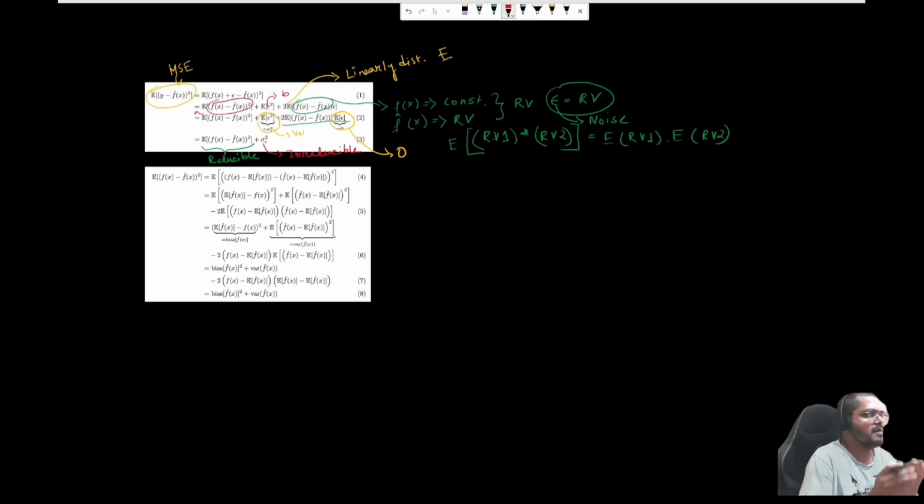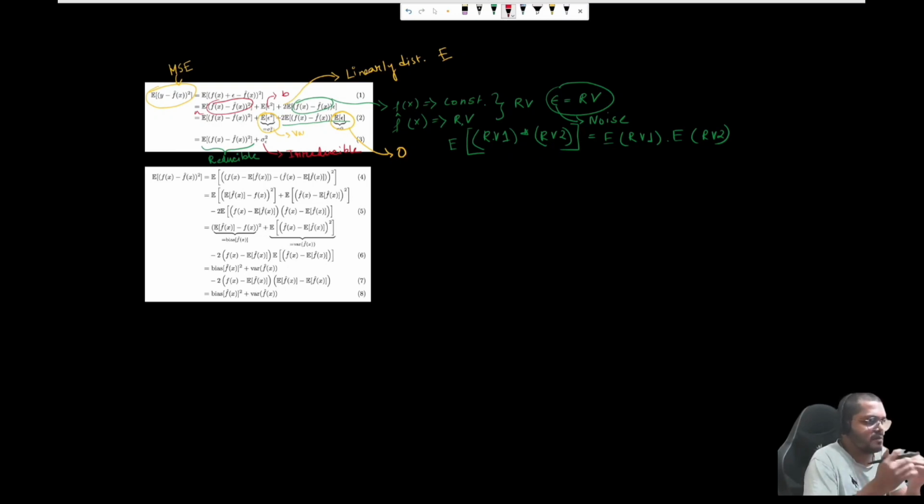As I already told, my random noise is not dependent on x, but it is affecting the relationship between y and x, because it is affecting the y. But we cannot get the relationship between random noise and x, right? It's not dependent on x.